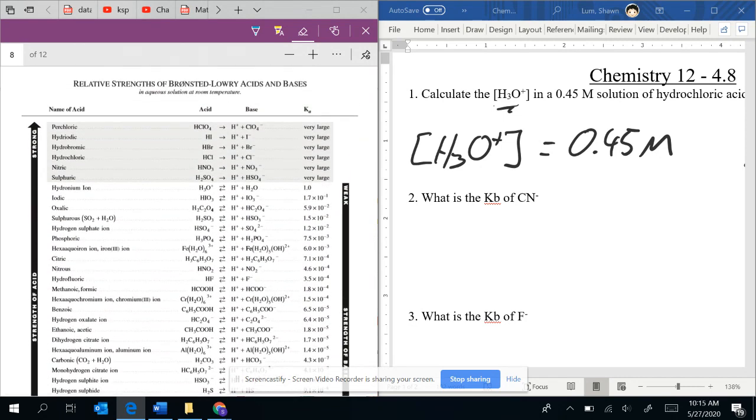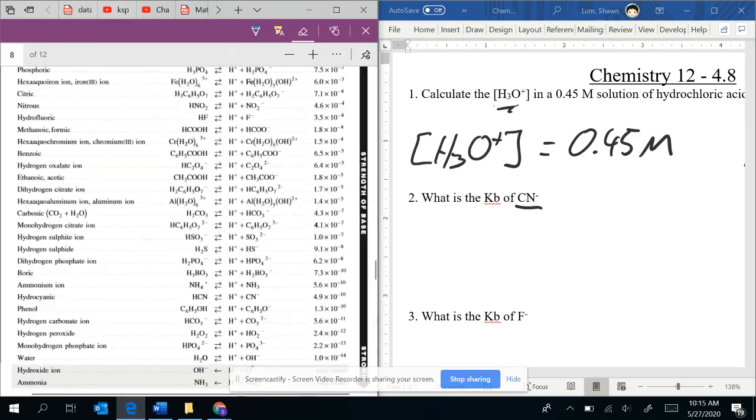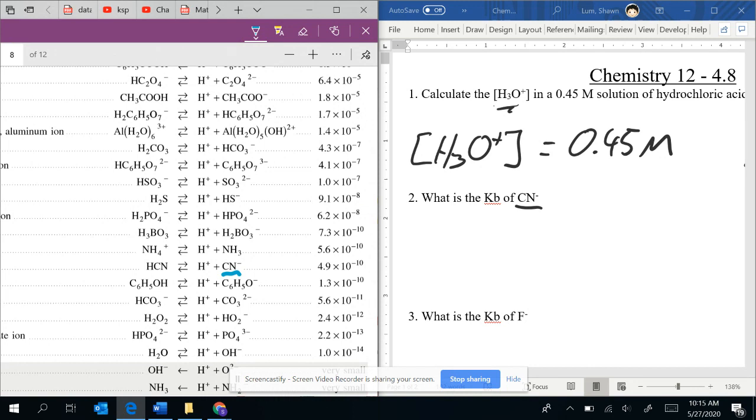We're going to find the Kb of cyanide, or CN-. And there it is. We see the Ka is 4.9 times 10 to the minus 10. So that's the Ka.